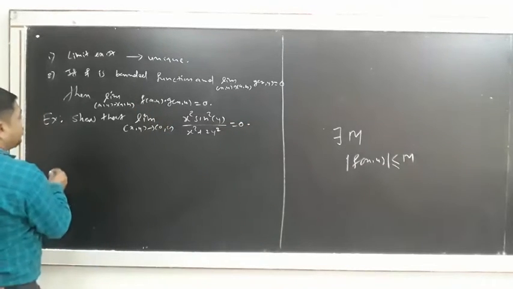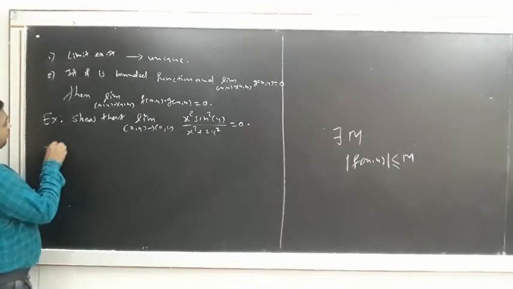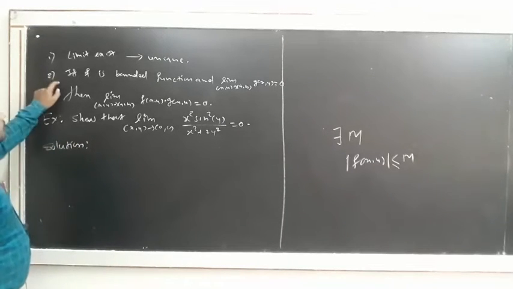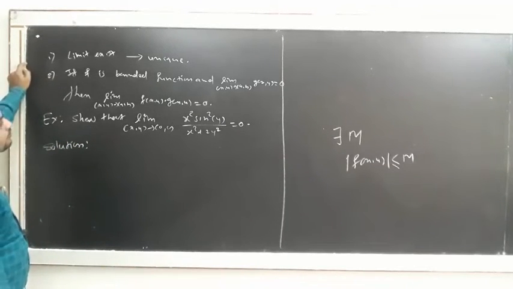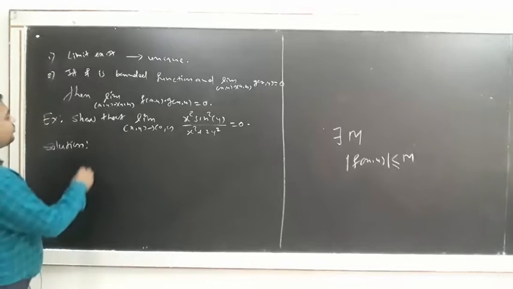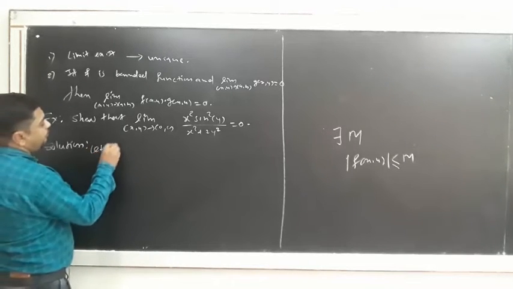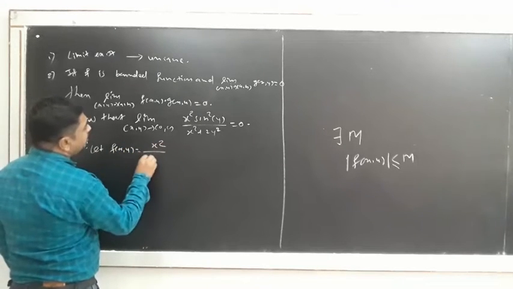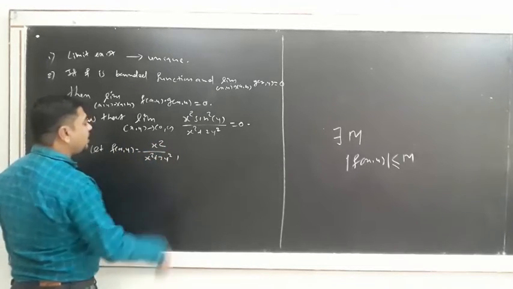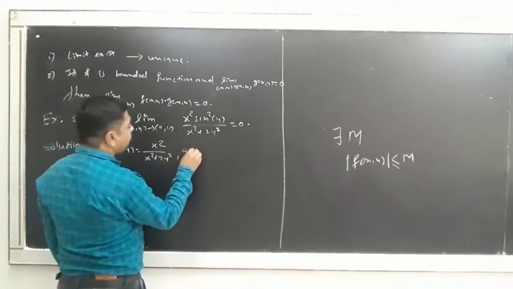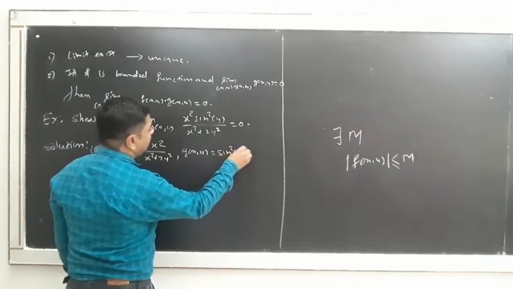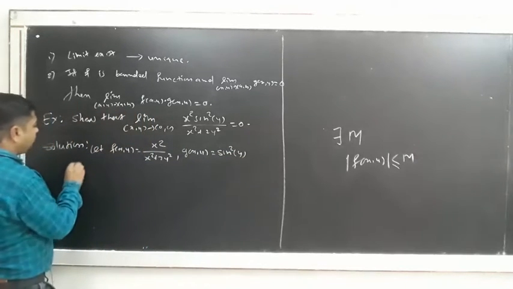So we will solve the problem using this theorem. We have to take f as a bounded function. Let f(x,y) be x square upon x square plus 2y square, and we take g(x,y) as sine square y.